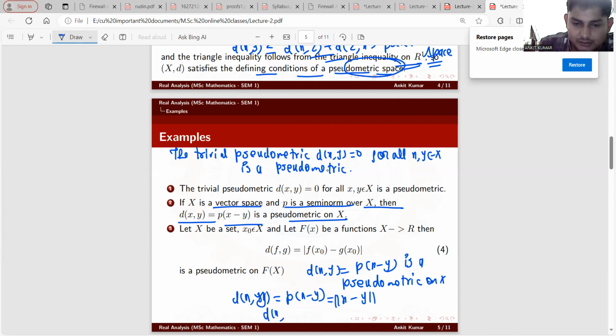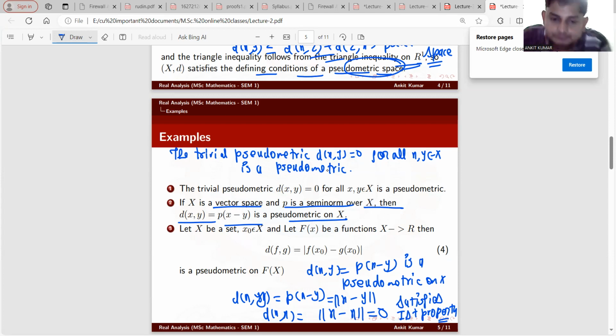So if we take d of x comma x is equal to norm of x minus x, it satisfies the first condition. So d of x comma y is equal to p of x minus y is equal to norm of x minus y.